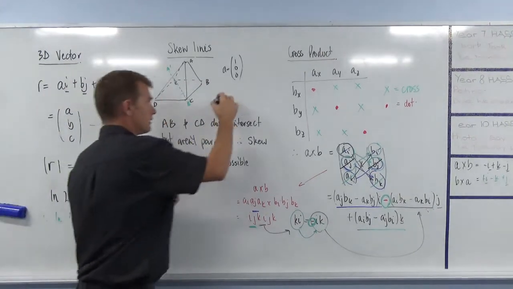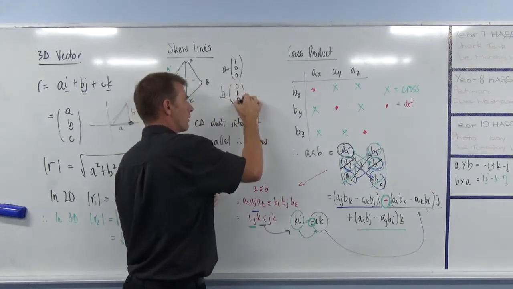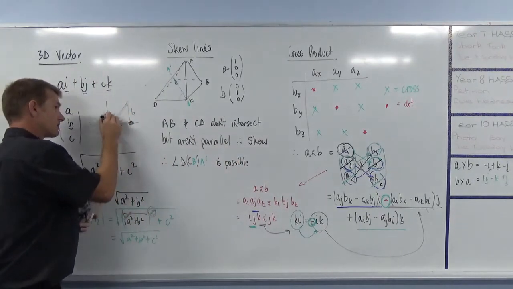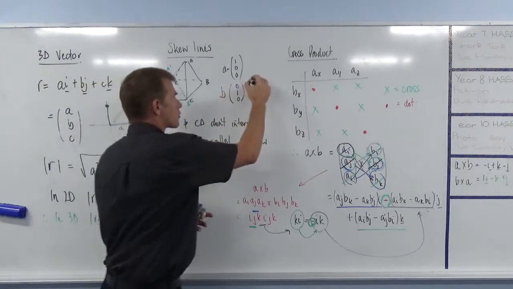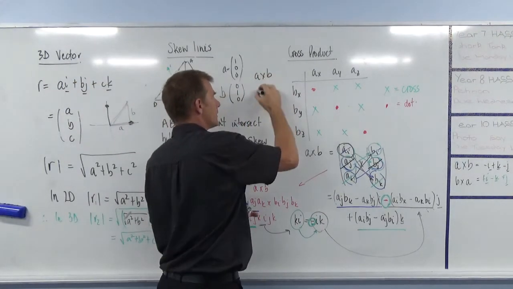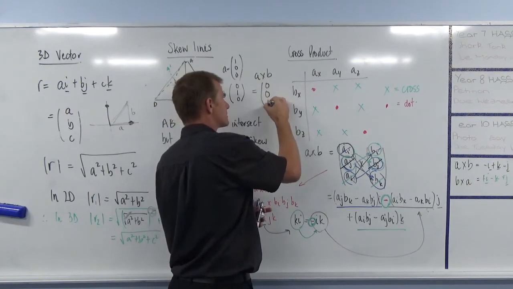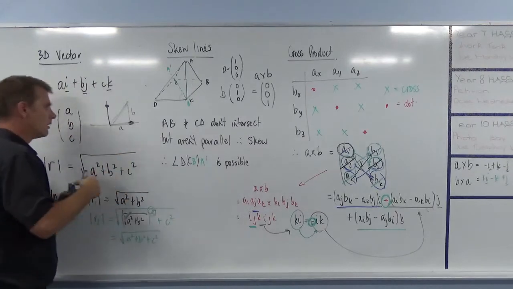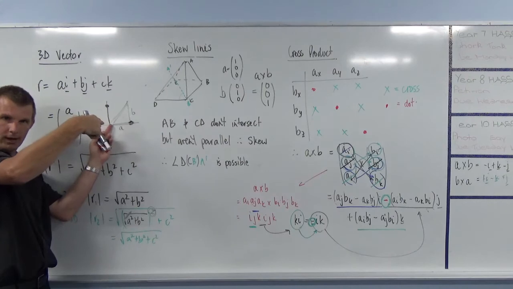Then use vector B and go 0, 1, 0. What's that doing? Well, that's along the y-axis, isn't it? So that's going to be somewhere up here, 1 unit up there. Now, if I cross-product these two together, I'll give you the answer here. You should get 0, 0, 1. Now, 0, 0, 1 is going to be from here, 1 unit out this way.